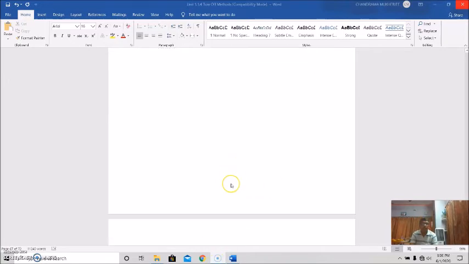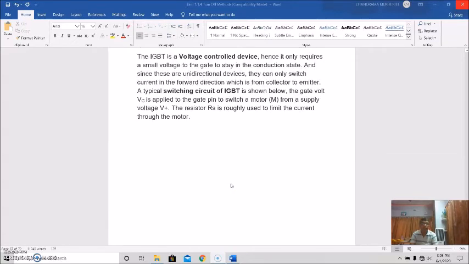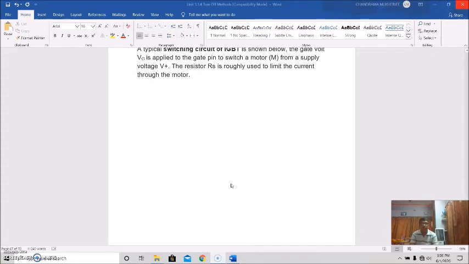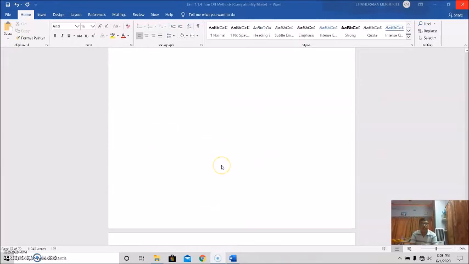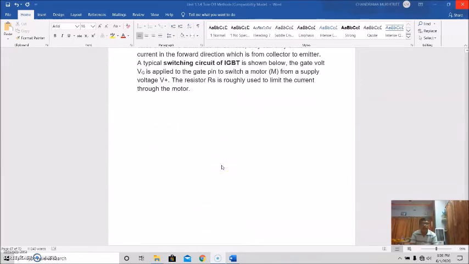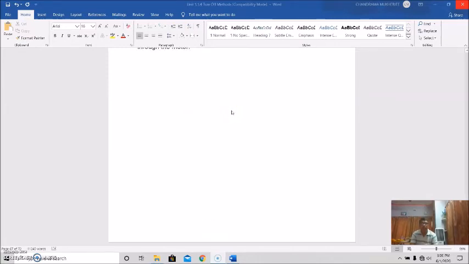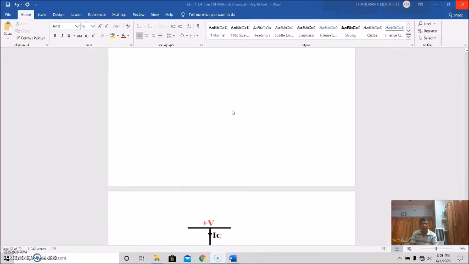The gate voltage VG is applied to the gate pin to switch a motor. This is the motor, M, for which we apply a positive voltage V. The resistor RS is used to limit the current to the motor.